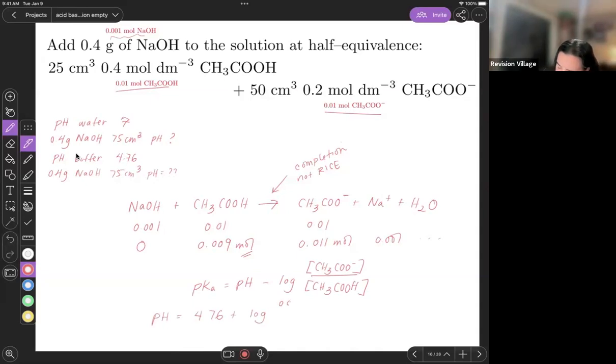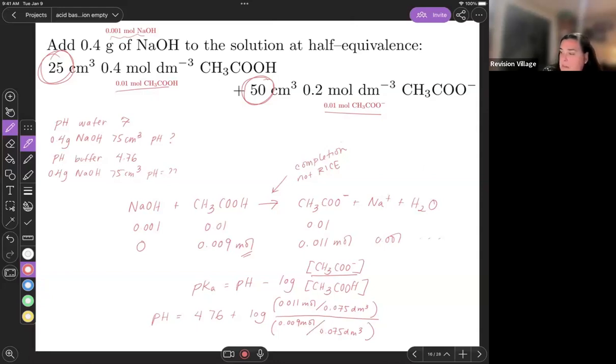So that would be 0.011 moles divided by 0.075 decimeters cubed over the concentration of the acid. That would be 0.009 moles divided by 0.075 decimeters cubed. The 75 comes because we added 50 and 25 together when we mix the solution together. So the total volume is 75. Henderson-Hasselbalch requires me to be in concentration units, so I divided the moles by the volume to be there.